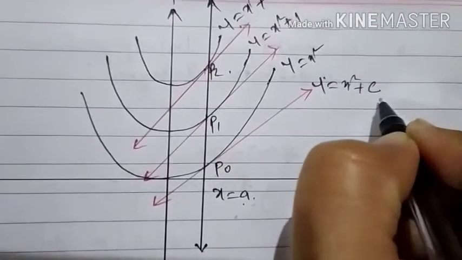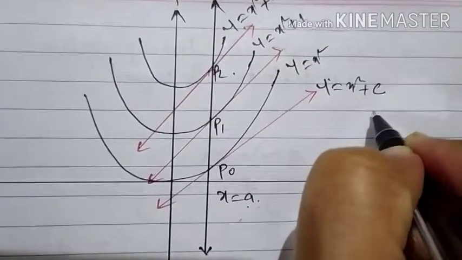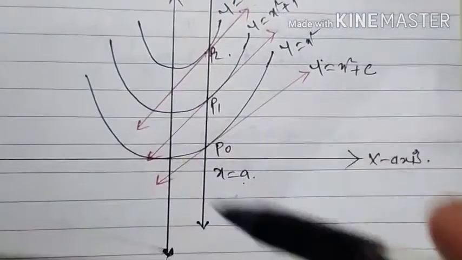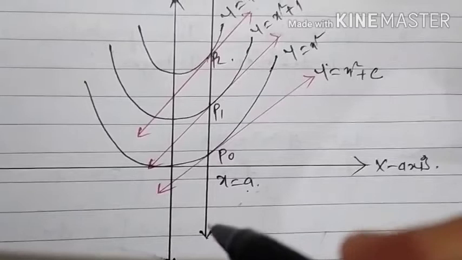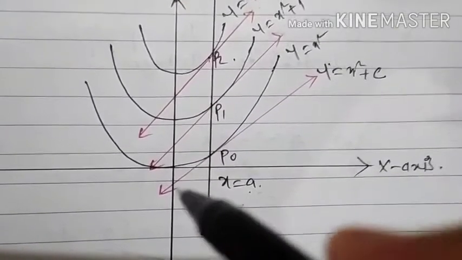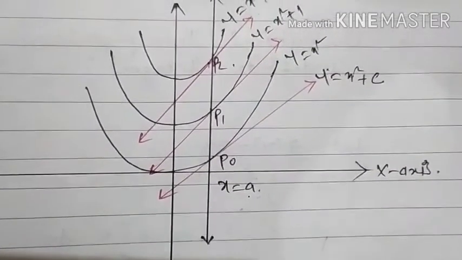So if we draw all the curves y equal to x square plus c by changing the value of c, and we draw n number of curves here, then also all the tangents will be parallel to each other at x equal to a. Getting?